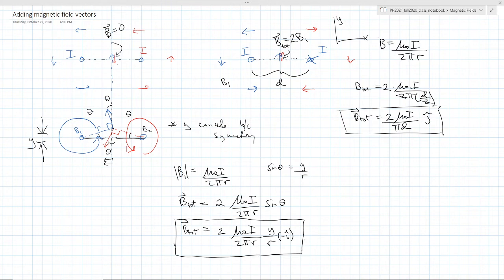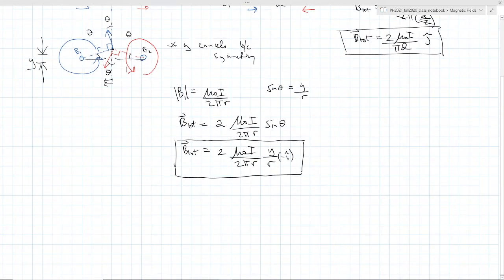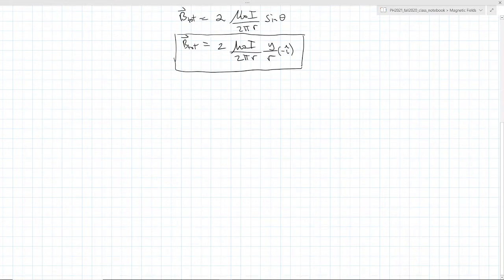Okay, so those situations so far, we've been able to exploit symmetry. If we move off axis, it gets slightly more complicated, but it's still fairly simple because components cancel. And where we want to go next, though, is the general case. And this gets more complicated.